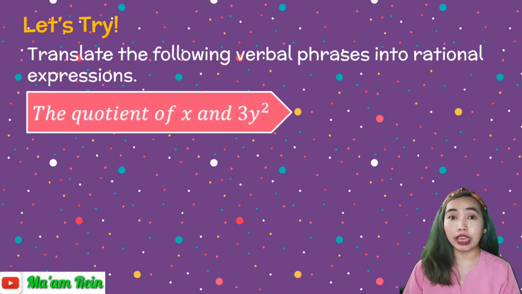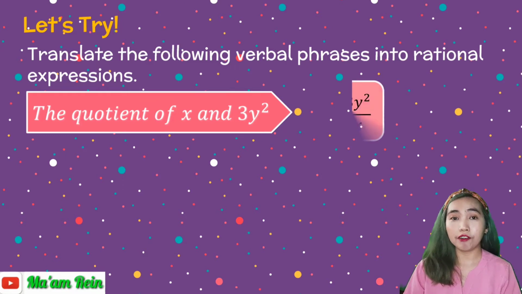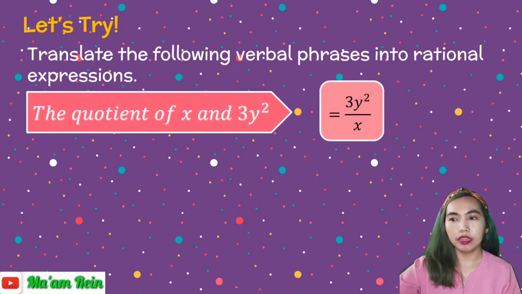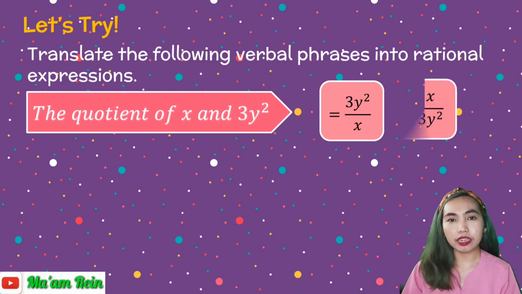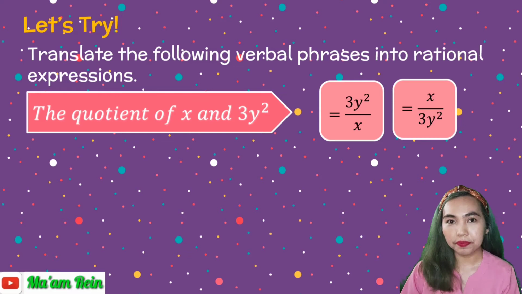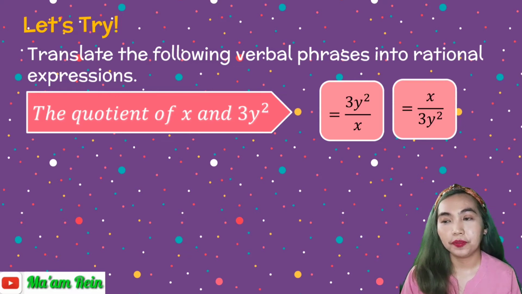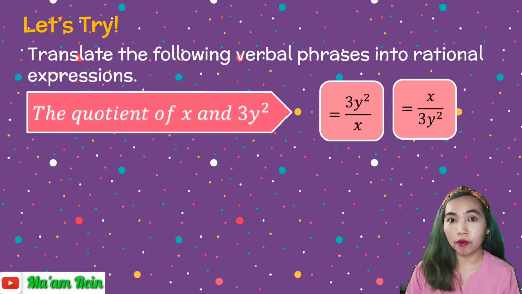And this division can be expressed as fraction. So we have to choose 3y squared over x or x over 3y squared. So the answer is x over 3y squared.